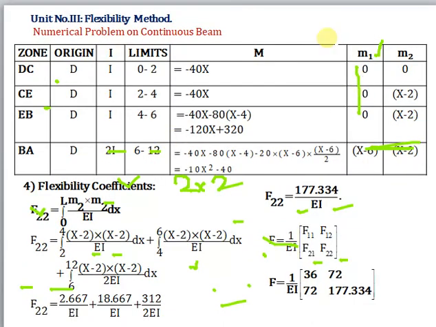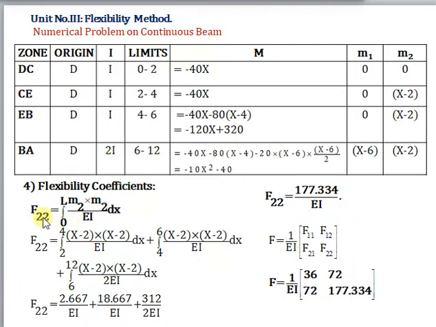Now next is f22. So again integrating from 0 to L, m2 into m2 divided by EI into dx. So putting the value of m2. Now for the first zone, m2 is 0, so it will come out to be 0.